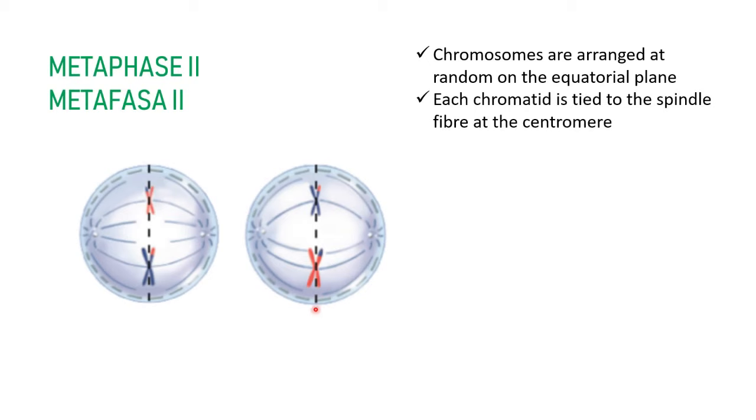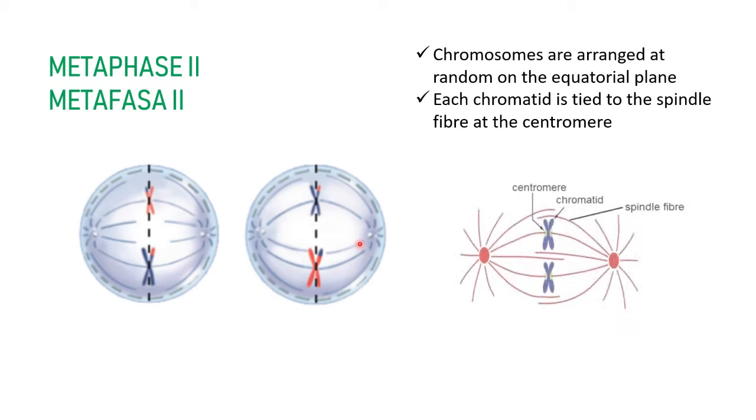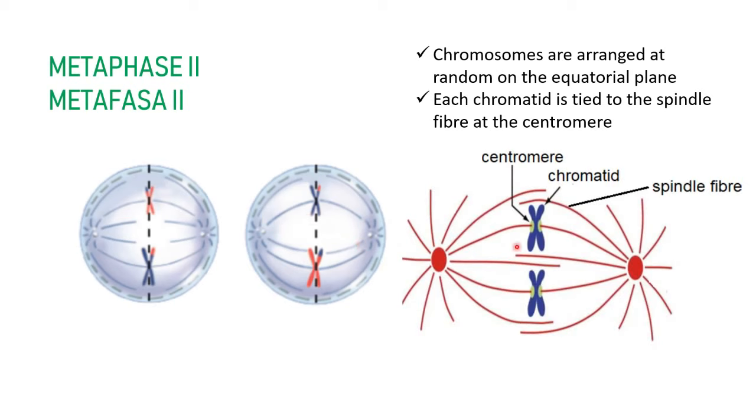Each chromatid is tied to the spindle fiber at the centromere. Here I show you a clearer picture. This is the centromere, so each spindle fiber is tied to the centromere. Metaphase 2 ends when the centromeres separate.